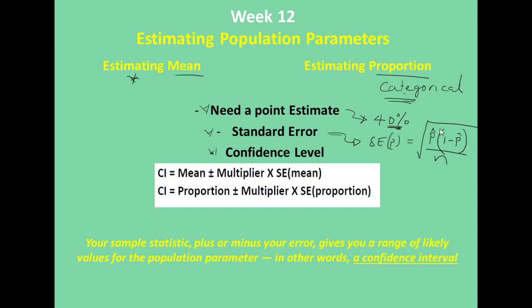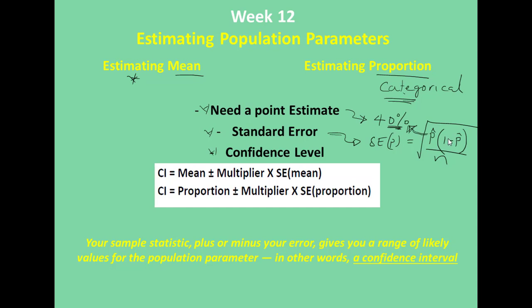Here p hat is the sample proportion, and 1 minus p hat is the proportion within your sample who do not fall within the category of interest. If 40% refers to the proportion who drink alcohol, then 1 minus p hat represents the proportion who do not drink alcohol.